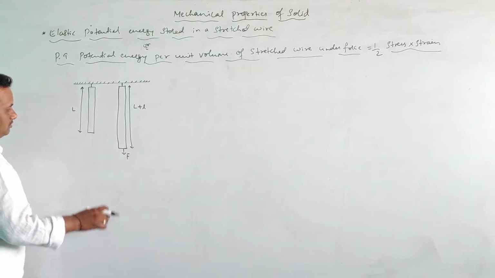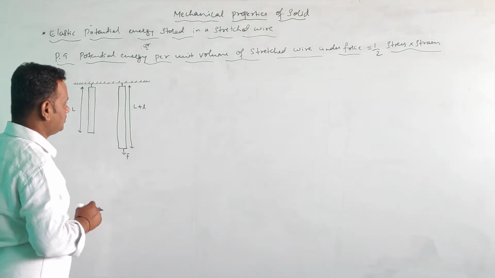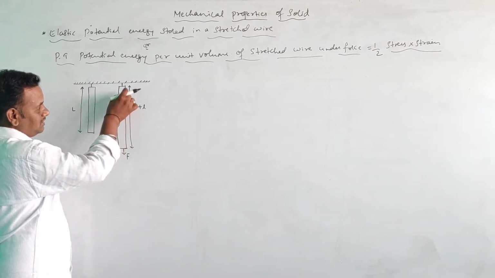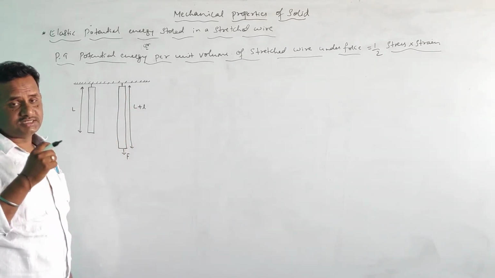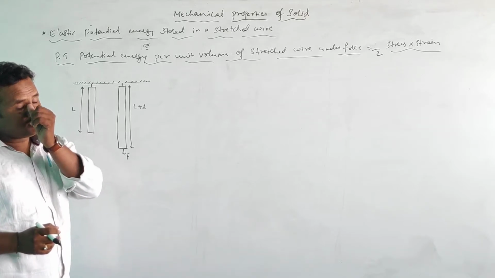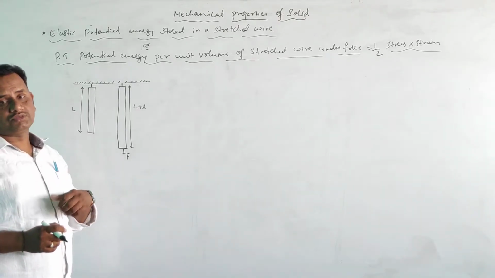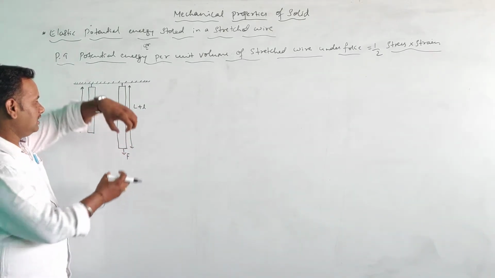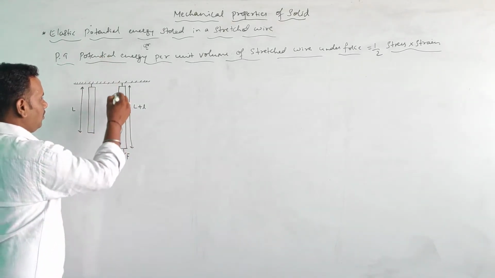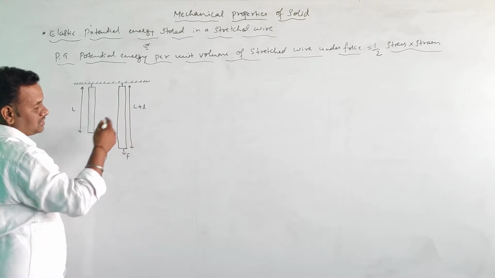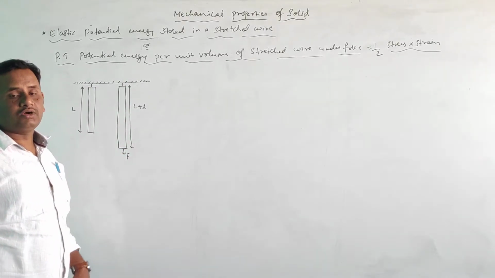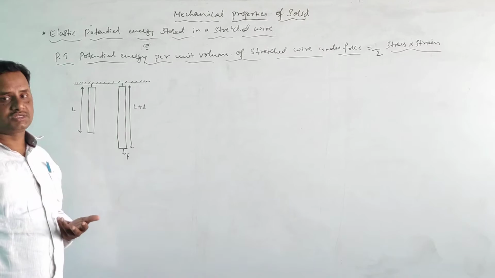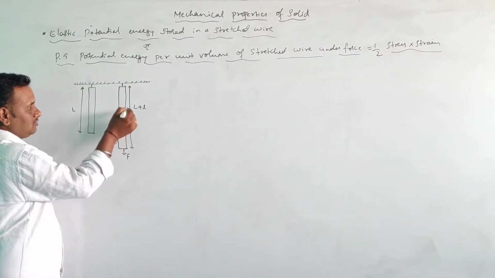Now we know that there is a tensile stress acting here, which is the force acting per unit area, where the length is increasing. Also a strain is being produced. What type of strain? That is longitudinal strain, the change in length to the original length.